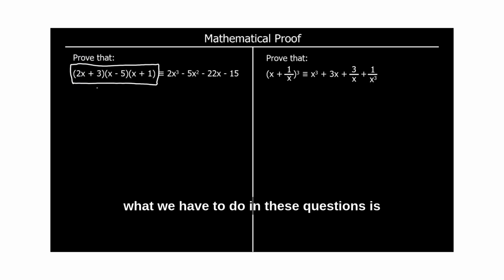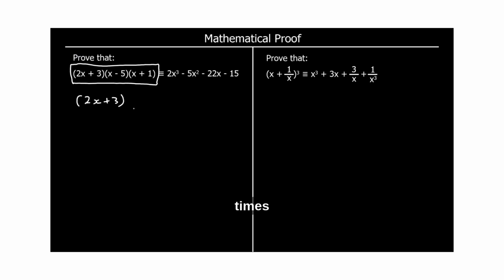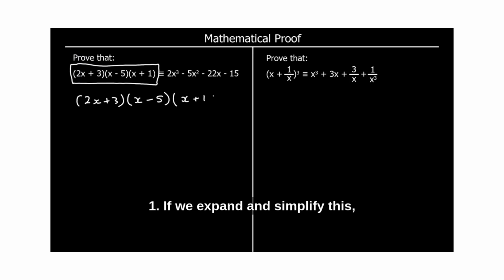So what we have to do in these questions is just take one of the sides and turn it into the other side. So we're going to do 2x plus 3 times x minus 5 times x plus 1. If we expand and simplify this, we should get to the right side. So let's just expand these brackets.